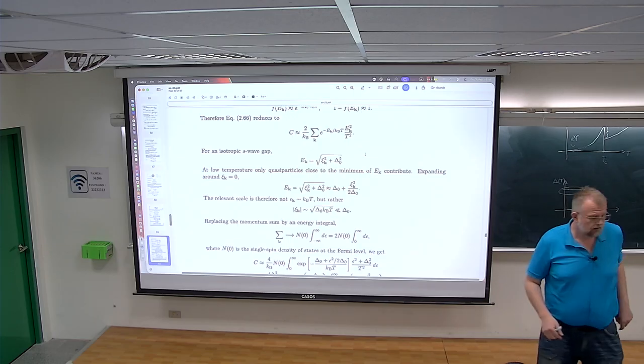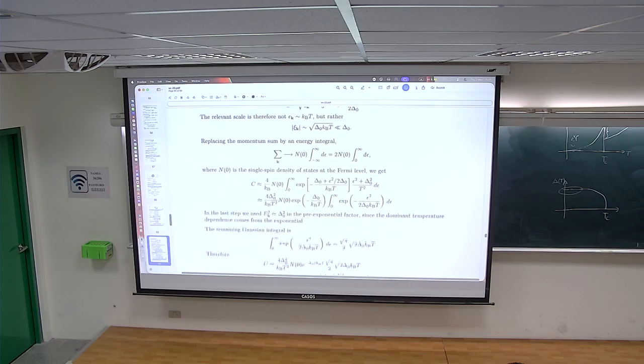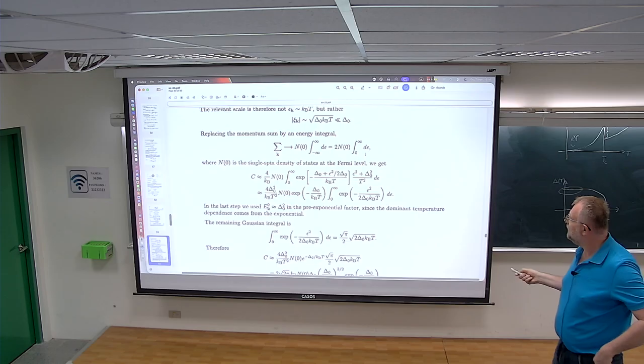I can put infinity there, it does not matter, because this exponential factor kills everything. Otherwise, I just need to integrate over this region. But let's go even to infinity, because the exponential factor will kill everything, okay?